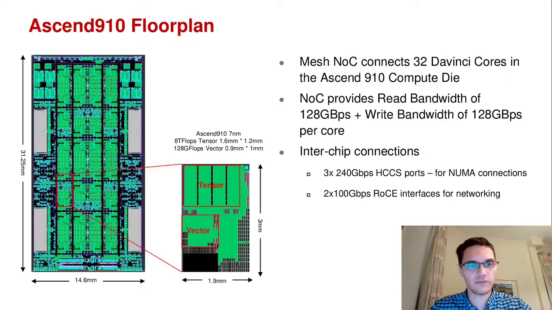On the floor plan of the main core, you can see the 32 DaVinci cores, and they are connected with a network on chip, organized as a mesh. For inter-chip communications, there are 3 HCCS ports, and for inter-node communication, there are 2 100 gigabit per second RoCE interfaces.